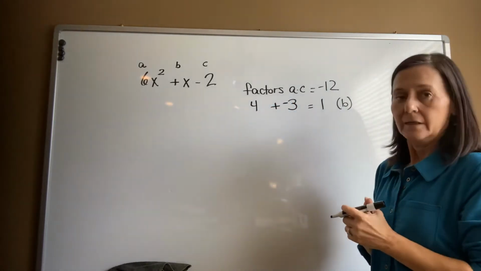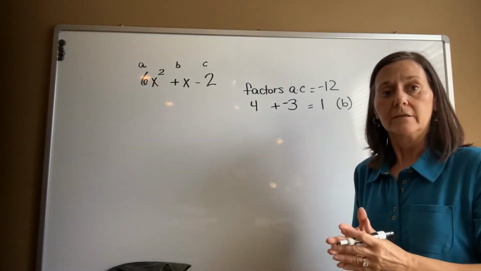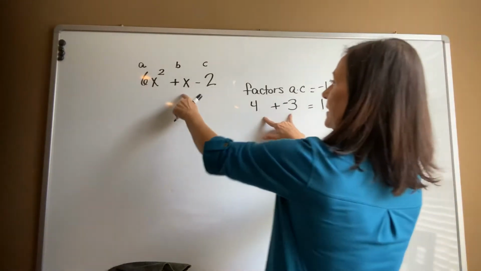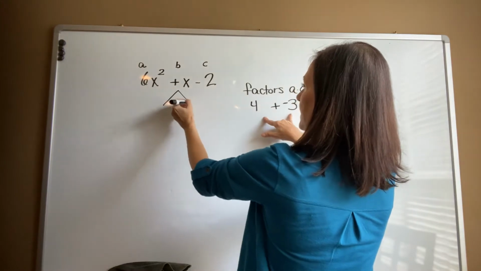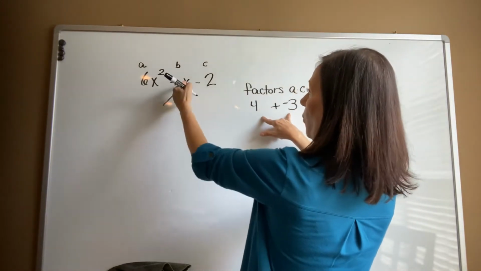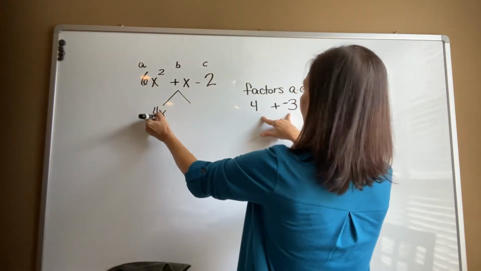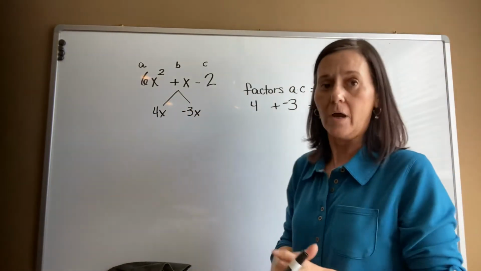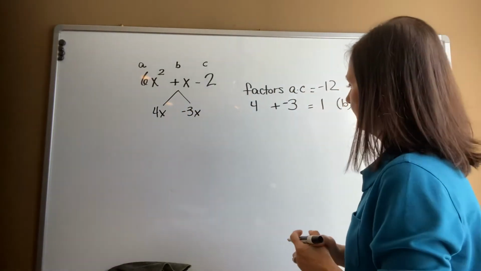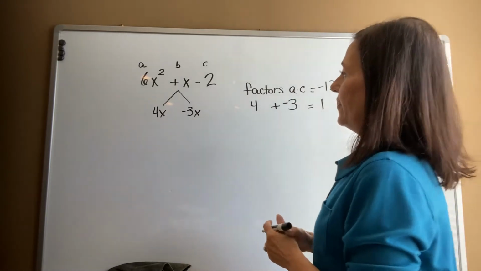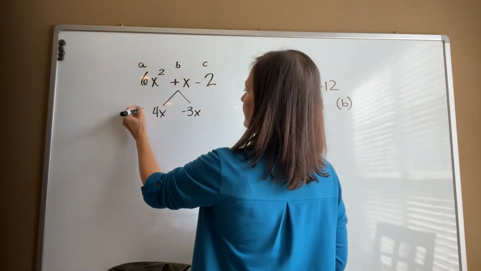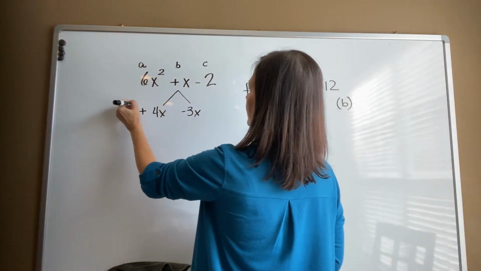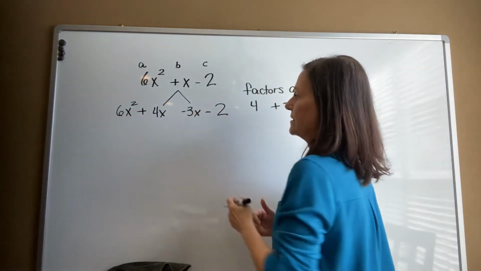All right? So first I'm going to work it like your textbook does. And for this positive x, I'm going to make 1x equal to 4x minus 3x. That equals 1, right? And then I will add the other terms in, the first term, the last term.